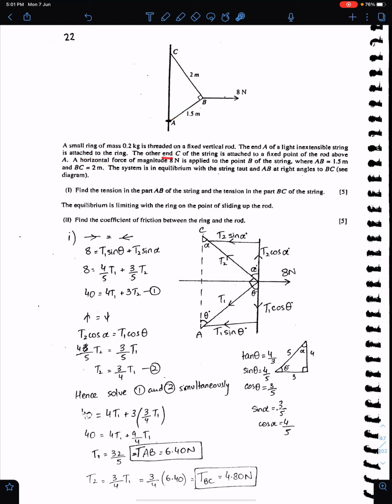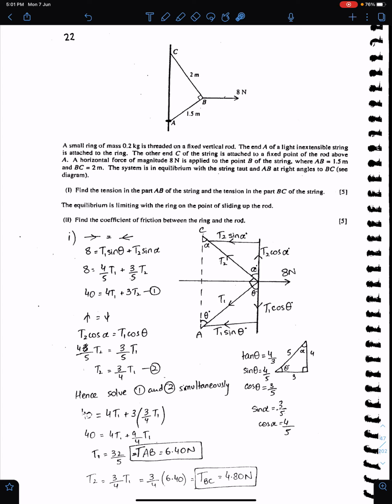The other end C of this string is attached to a fixed point of the rod above A. A horizontal force of magnitude 8 Newton is applied to the point B of this string, where AB is 1.5 and BC is 2. And this angle is 90 degrees, so this is hypotenuse. The system is in equilibrium with the string taut and AB at right angle to BC in the diagram.